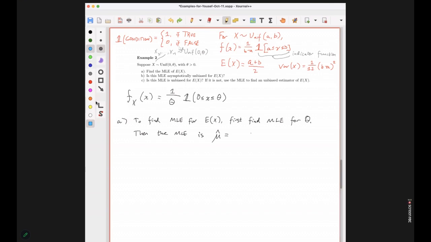And what is the value of b? Exactly. So we just plug those in and we get that the MLE for the expectation is theta hat over 2. So now it comes down to finding the MLE for theta hat.